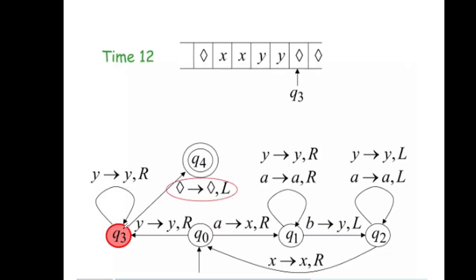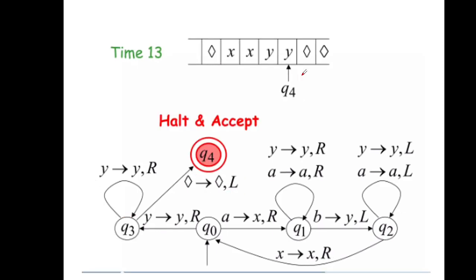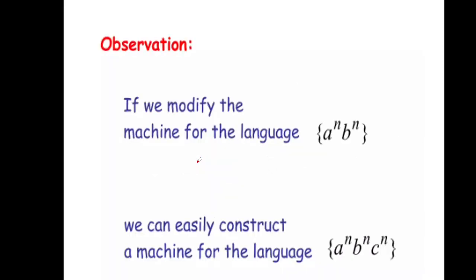Finally it reads the blank symbol and reaches the final state. When it reads the blank symbol, the string is accepted by the machine. The machine halts and accepts the language.